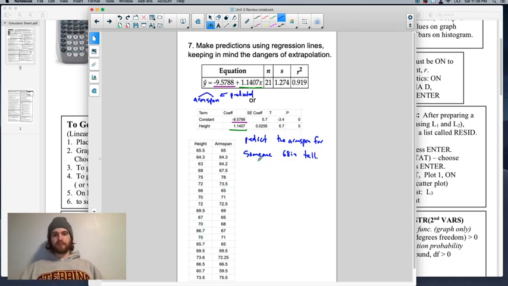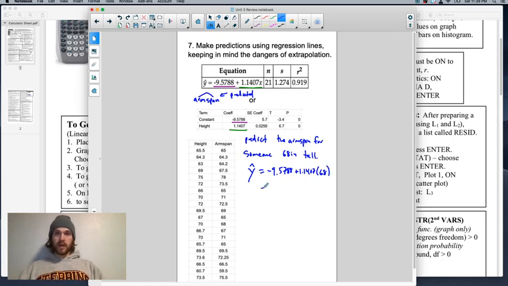That's believable. So the easier way to write it is just say y hat equals, and you're going to plug in for x the height that you're given, which is 68 inches. So negative 5.5788 plus 1.1407, and then for x we plug in 68.